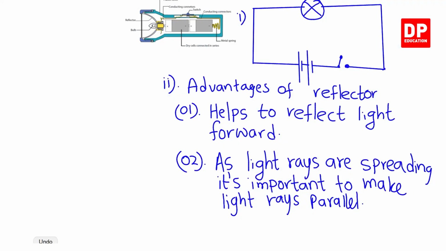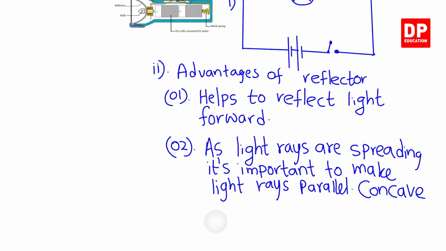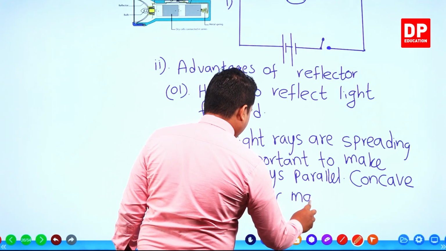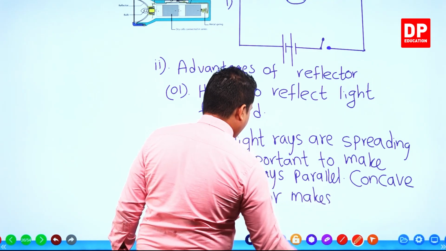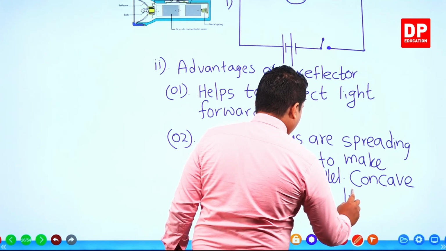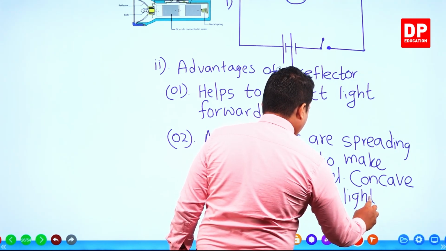Reflector, I'll mention concave reflector. Concave reflector makes light rays parallel.